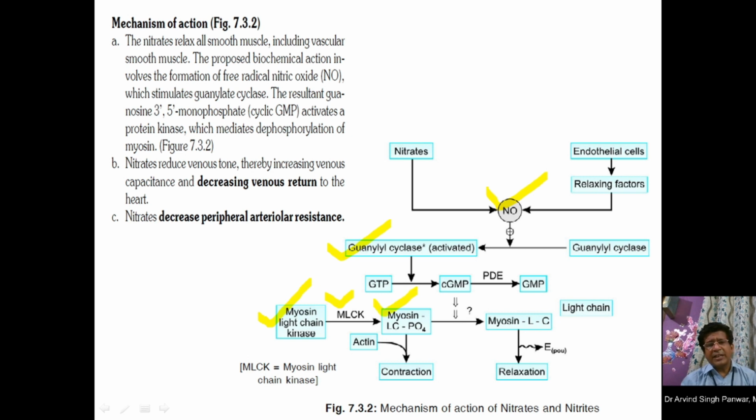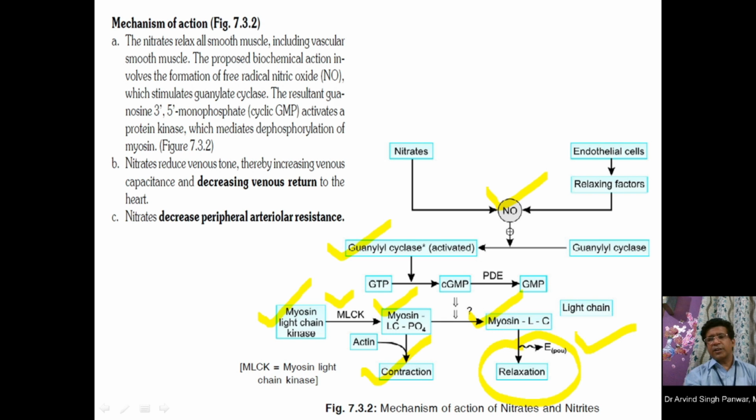This myosin light chain phosphate in combination with actin ultimately leads to contraction of the muscle. But cyclic GMP ultimately acts on the myosin light chain phosphate and converts it back to myosin light chain and releases free energy, which ultimately leads to relaxation of the muscle. This is the mechanism by which nitrates, or you can say nitric oxide, ultimately lead to relaxation of the coronary vessels.